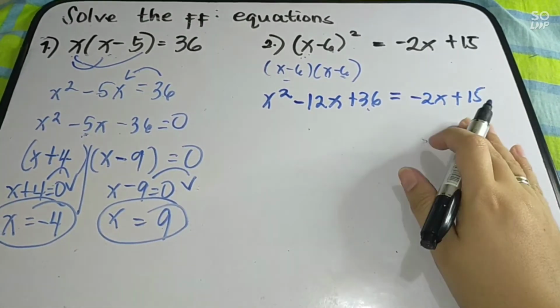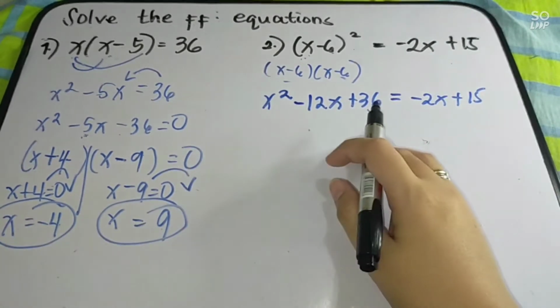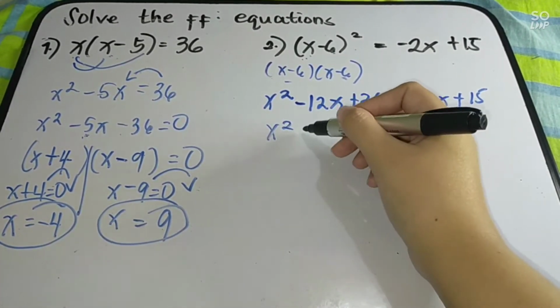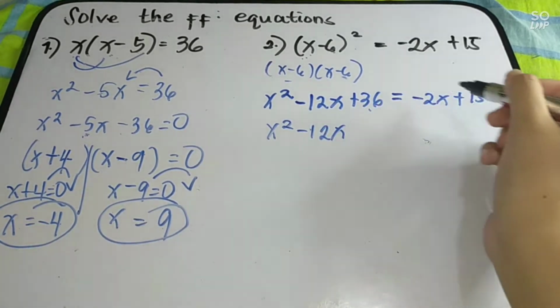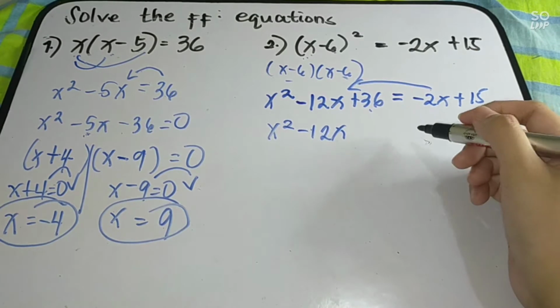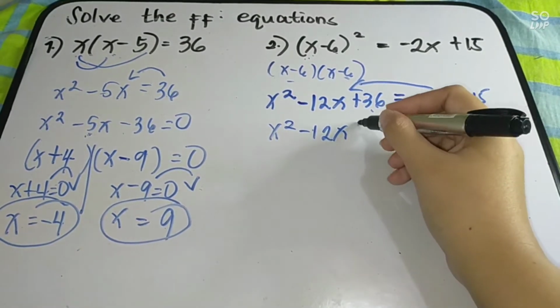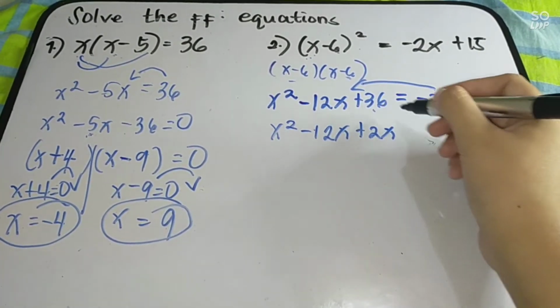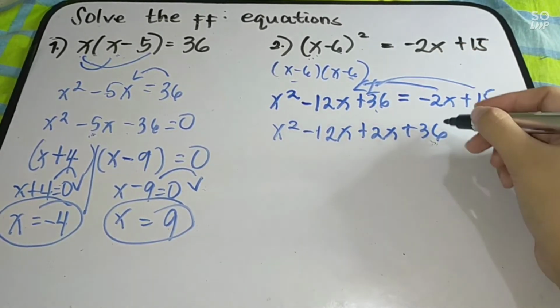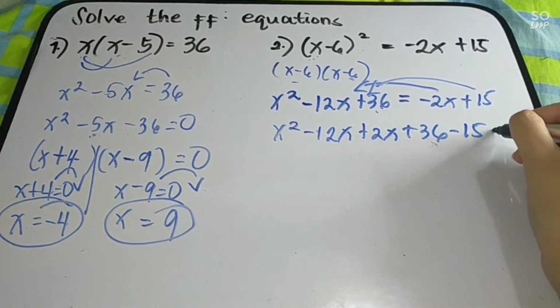So, all the numbers here, we put on the other side so it is equated to 0. So, you have here x squared minus 12x. Put first the terms with variable x so they are next to each other. So, negative becomes positive 2x. Then, plus 36. Then, 15, move to the other side, it becomes negative 15 is equal to 0.